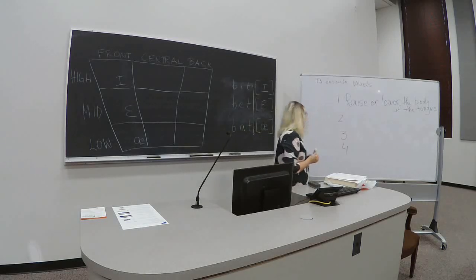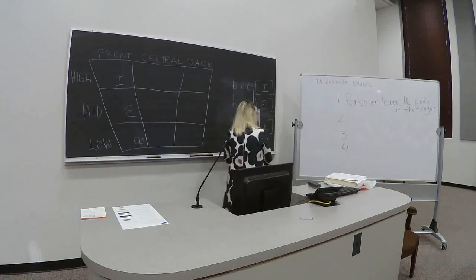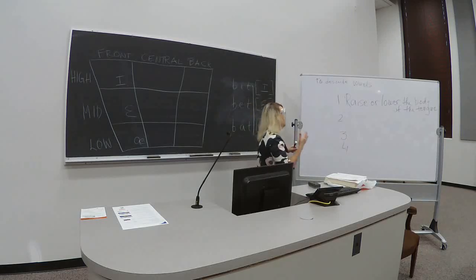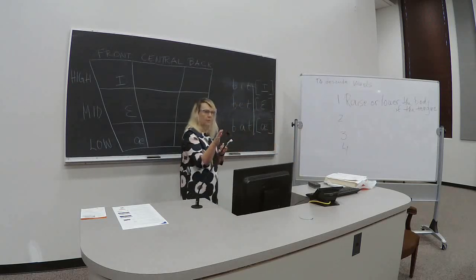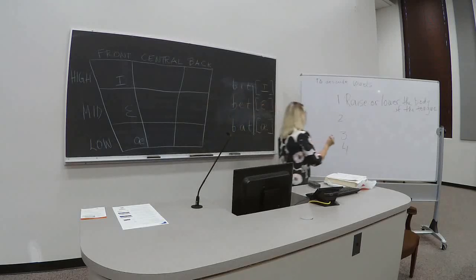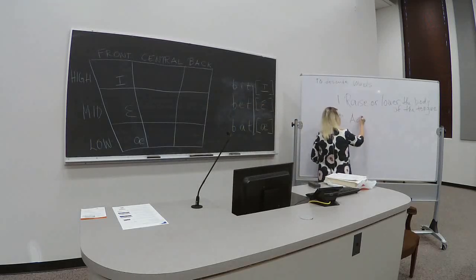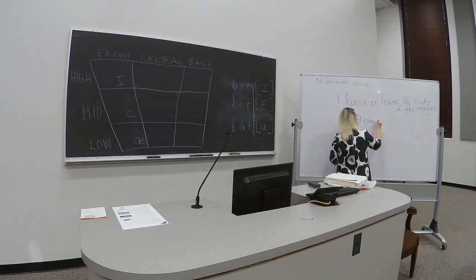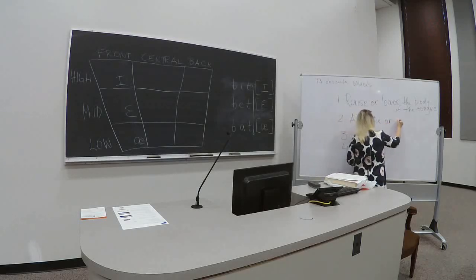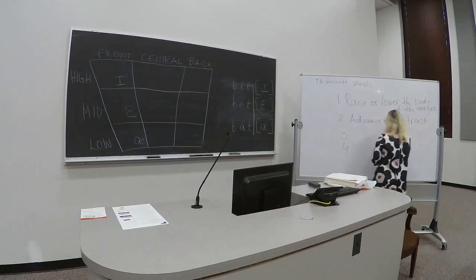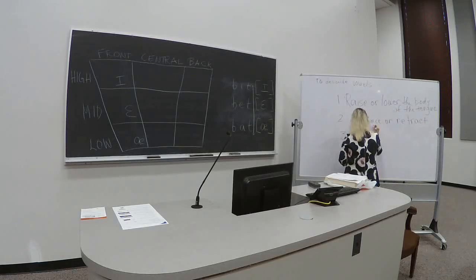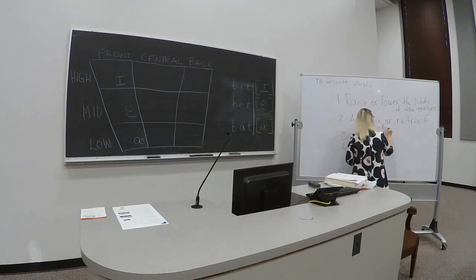Okay, so let's look at another dimension, because we don't only either raise or lower the body of the tongue, we can also have the tongue in the front, or we can pull it further back in the mouth. So we can either advance or retract the body of the tongue.